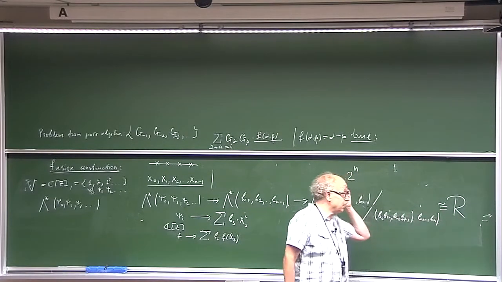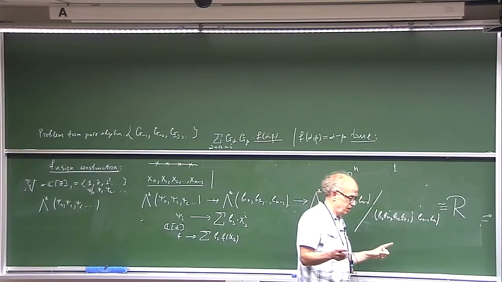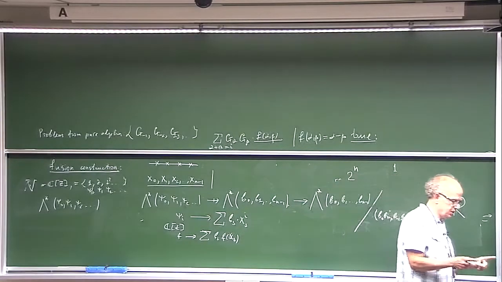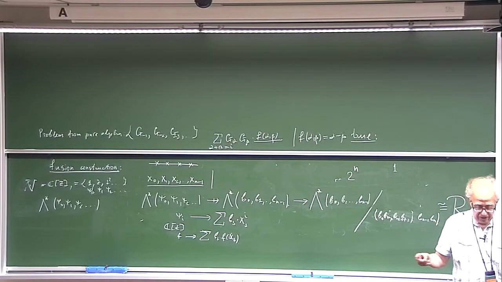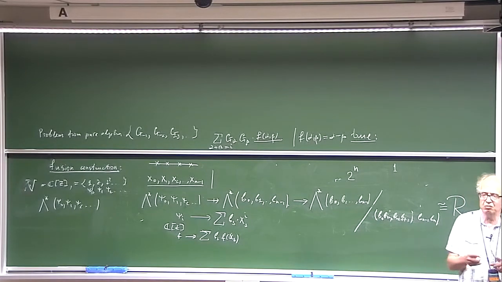As a result, I have some bundle living on a space of configurations of different points, and the dimension of this bundle is a Fibonacci number.